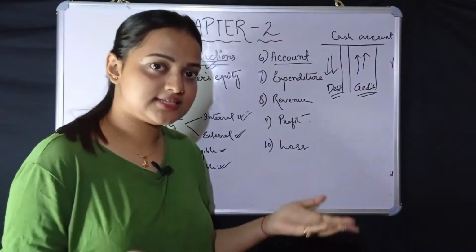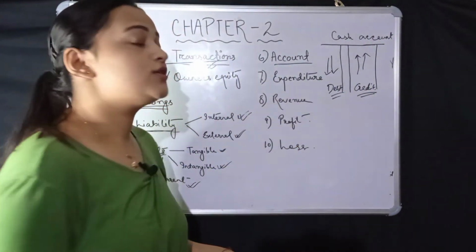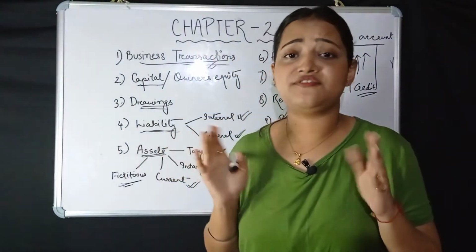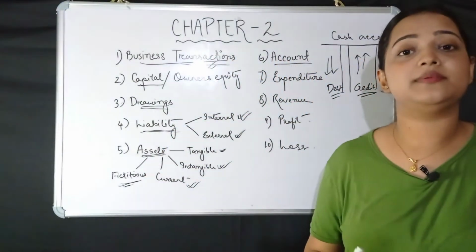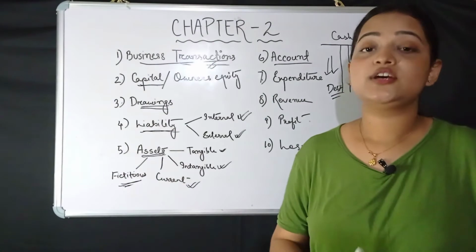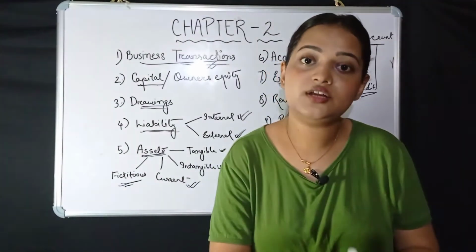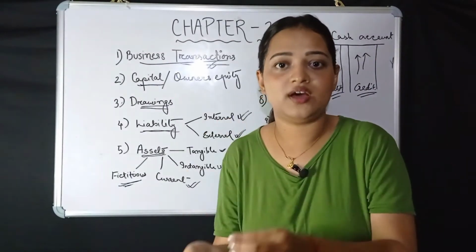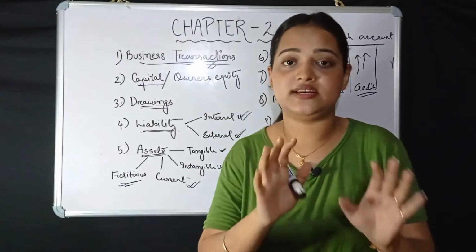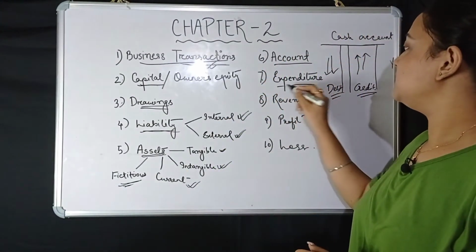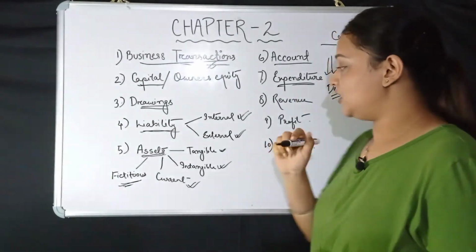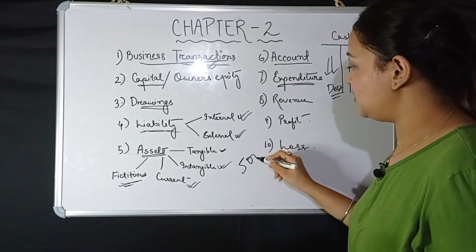All right, the next term is expenditure. So what is expenditure? I'll tell you guys in very simple words. Expenditure ka matlab hai expenses. All right, so expenditure is a sum of money which is incurred while producing a product or a good. All right, that is known as what? Expenditure. Suppose मुझे केक बेक करने में कितना expense हुआ? 500.